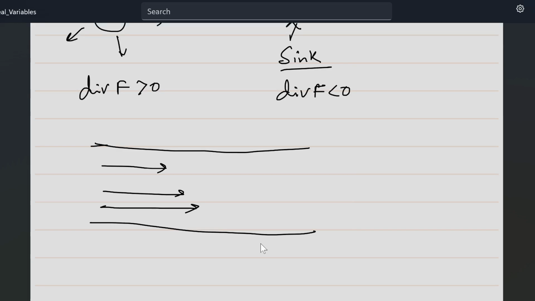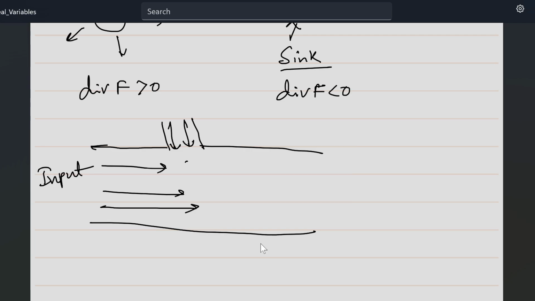Suppose I add some water in this channel. Suppose I remove this barrier and add some channel. So flow will increase. Suppose this is input and this is output, right? If I add this channel, the output will be more.